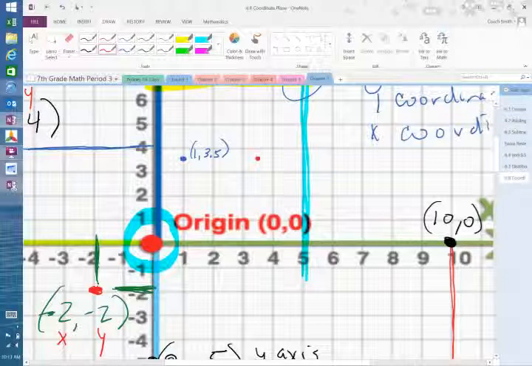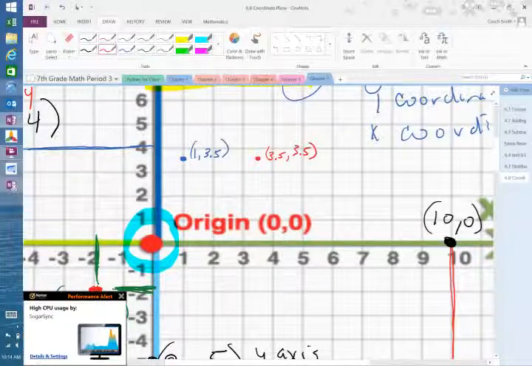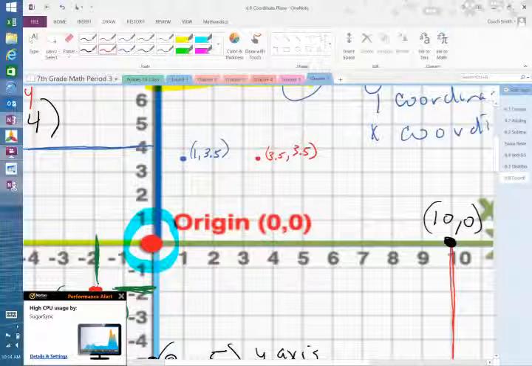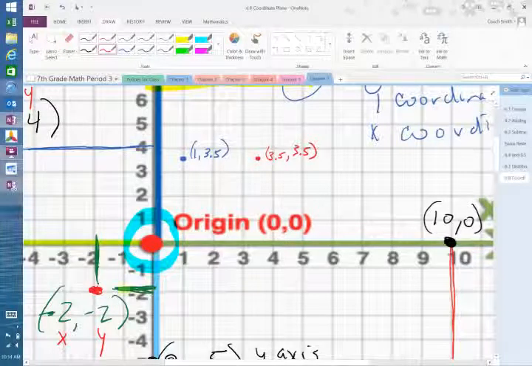Well, that would be 3.5, 3.5. Just hang on here. Got carried away with my parentheses. Now obviously both those points would fall inside quadrant number 1. So, any questions over that? Okay, let me shrink it back down.